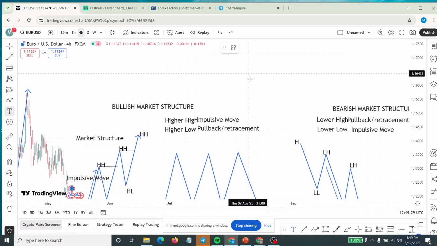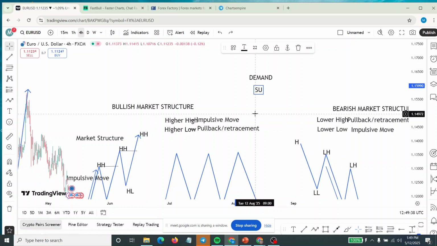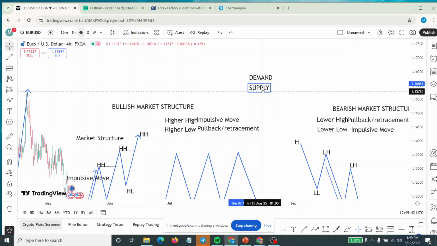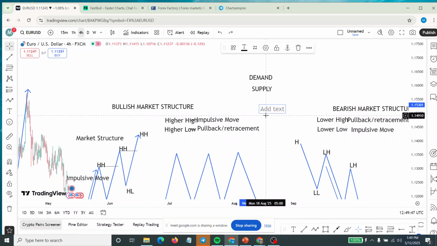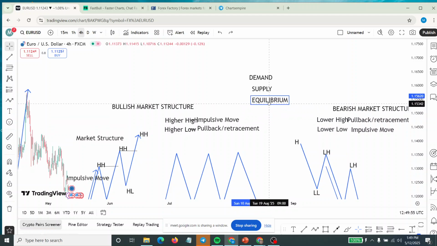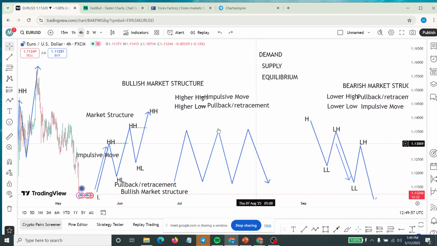The first being demand, second, supply, and third is equilibrium.